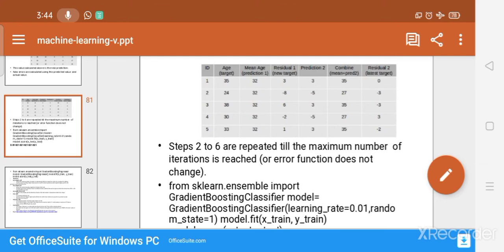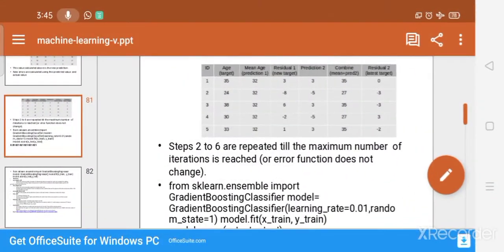Now combining this mean and the next prediction, we are getting this value, right? Now if we calculate the residual 2 with the latest target, what will it be if you compare with the base one? So 35 means no error, 27 means minus 3, 35 means minus 3, 27 means minus 3.